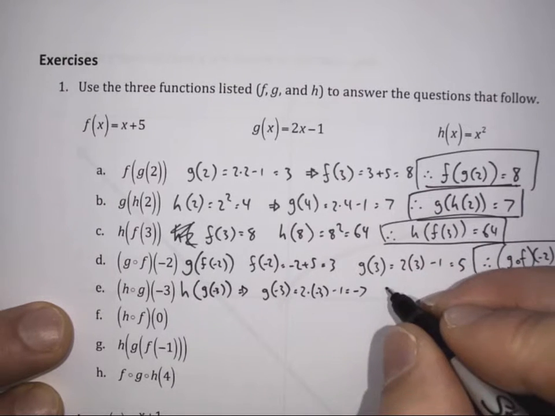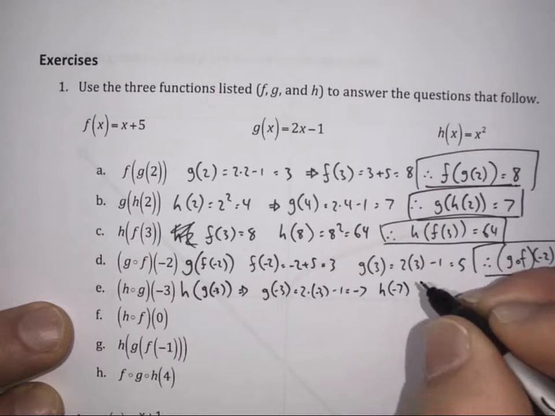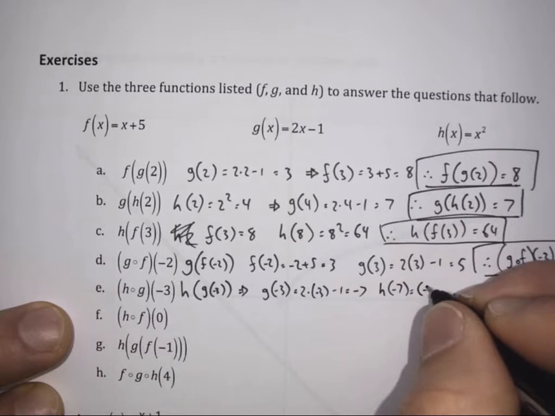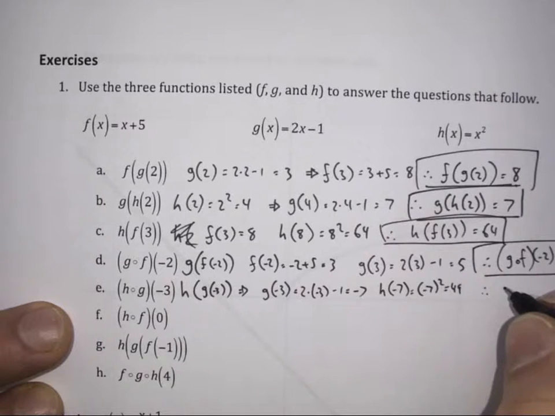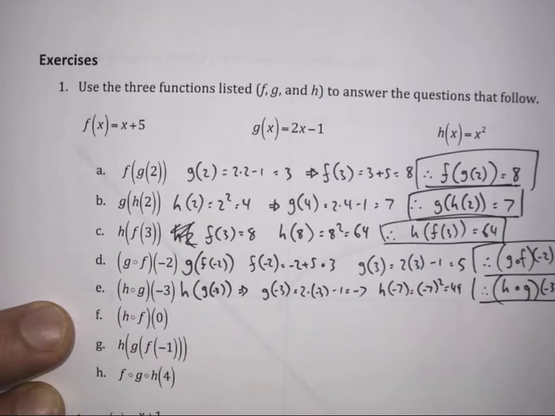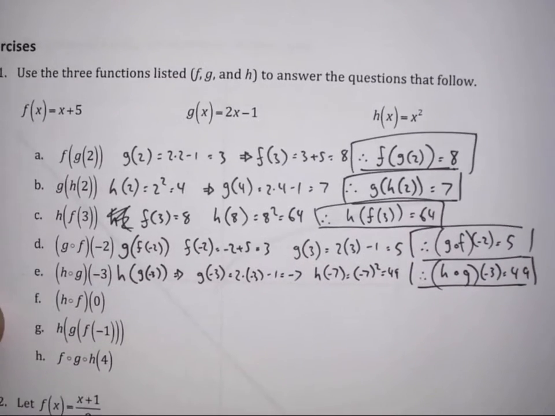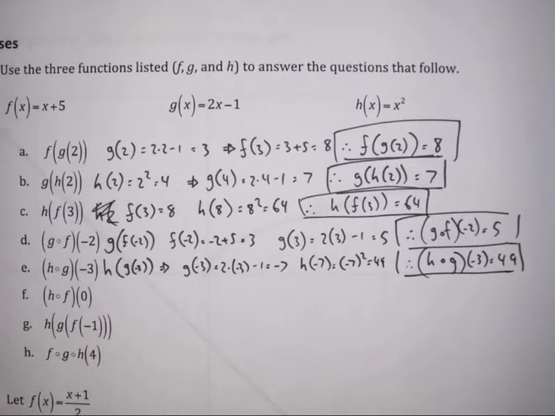And then I'll put that into h. So h of negative 7 is going to be negative 7 squared, which is 49. So h of g of negative 3 is 49. Oops, didn't realize I was writing off the screen there.